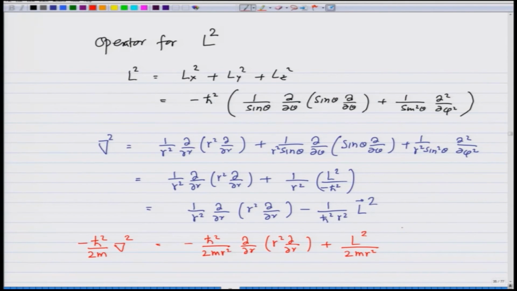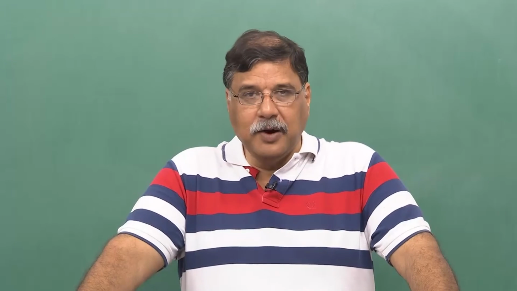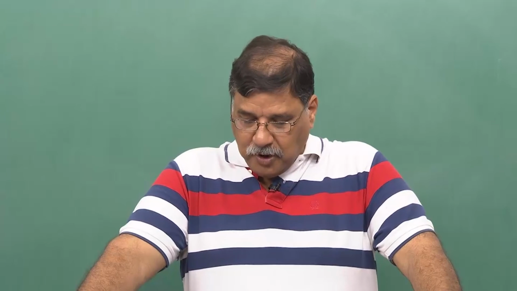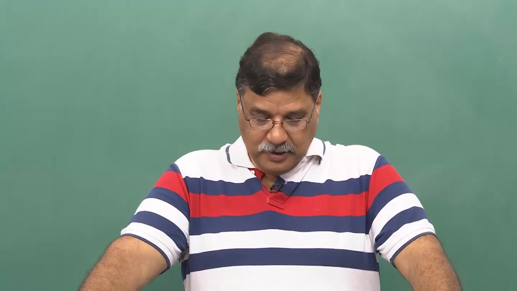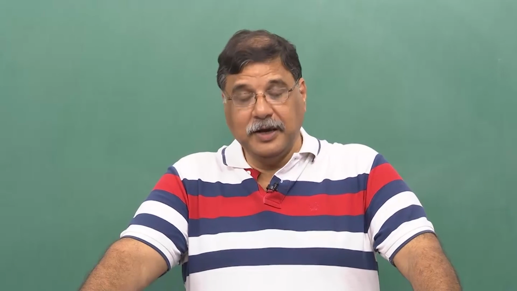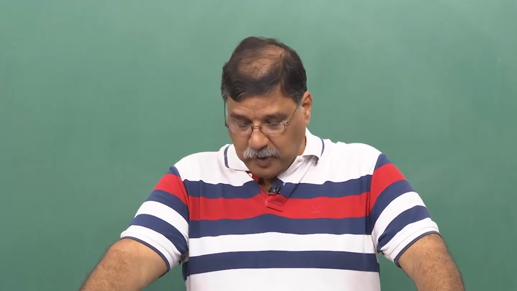This is kind of reminiscent of classical theory, where we write the kinetic energy as p_r square over 2m plus L square over 2mr square. So, L square over 2mr square is the kinetic energy of a particle going around in an orbit, the non radial component of the kinetic energy, and that rightly is expressed in the quantum mechanical language as L square operator divided by 2mr square.